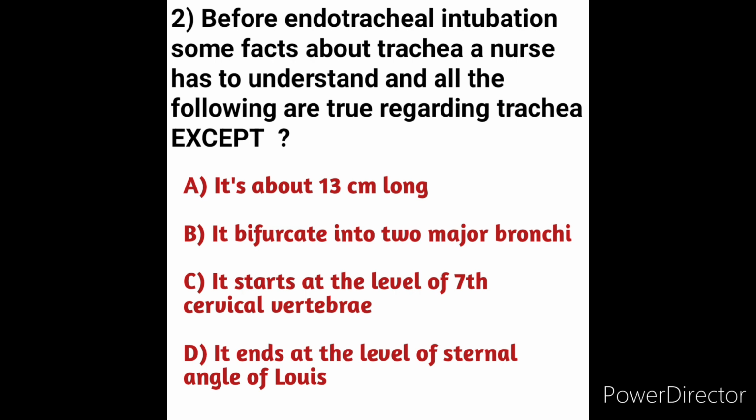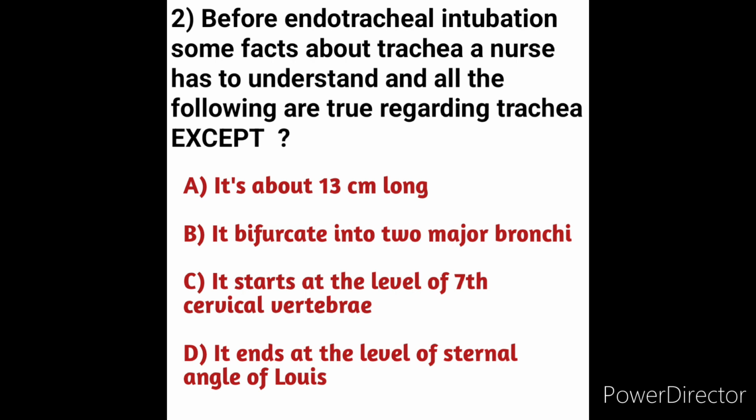Option A, it is about 13 centimeters long. Option B, it bifurcates into two major bronchi. Option C, it starts at the level of the 7th cervical vertebra. Option D, it ends at the level of the sternal angle of Louis.